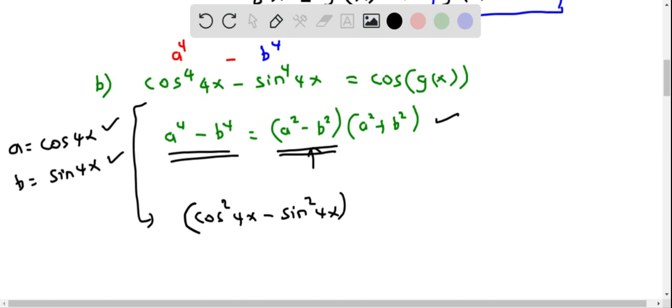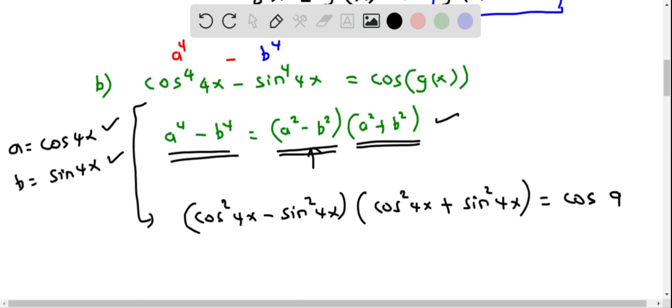Now let's write the next term, that is a squared plus b squared. So therefore this will become cosine squared 4x plus sine squared 4x, and this equals, on the right side, cosine of g of x. Now we can use the Pythagorean identity to simplify this.